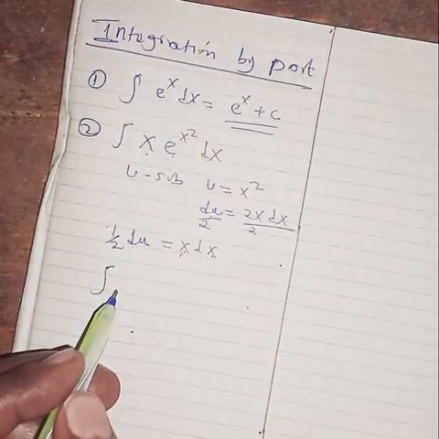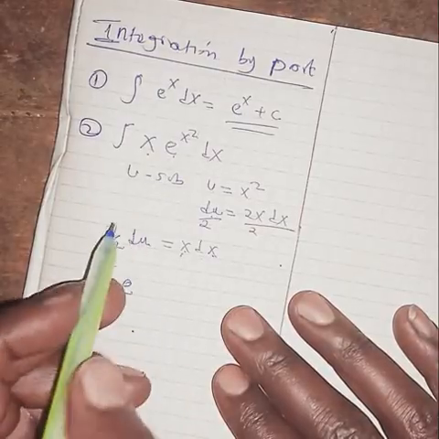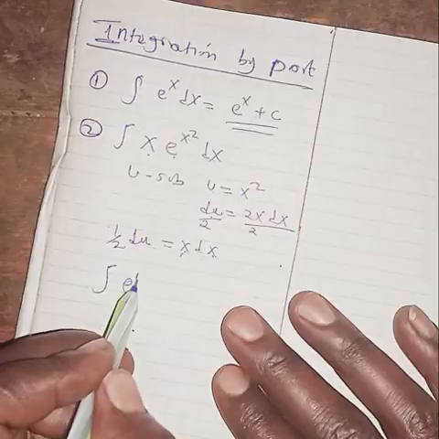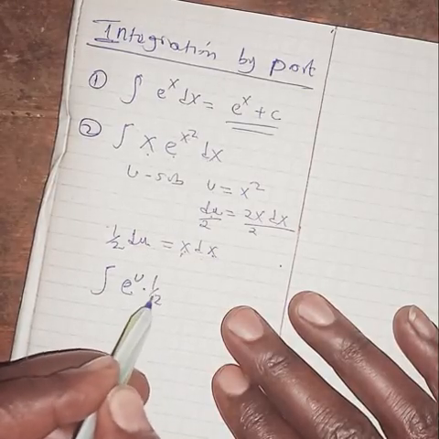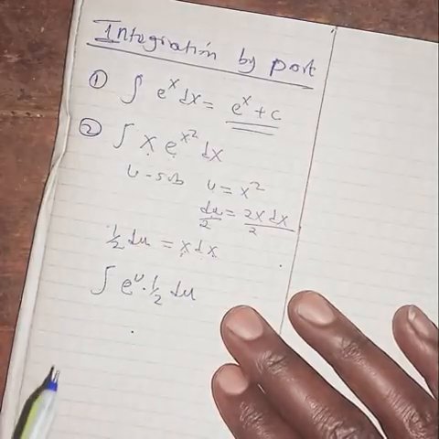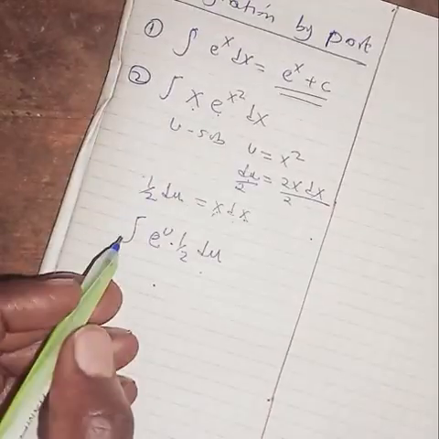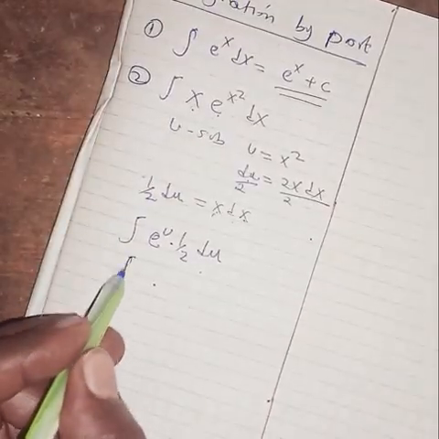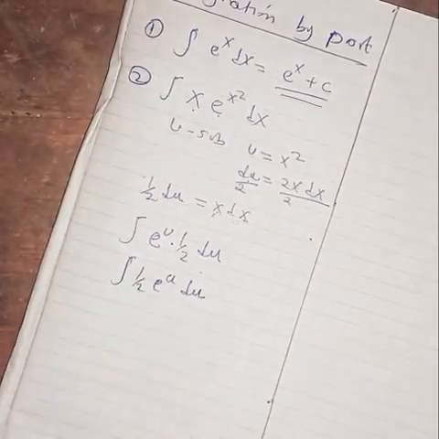Integral of e raised to, remember now x squared is u, times a half du. What have we done? Now rearrange it properly. It will be the integral of a half e raised to u du.